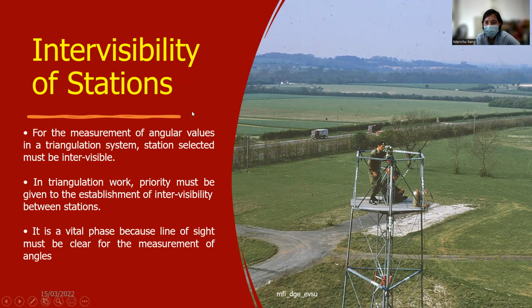This is to make sure that during the angle observation, when we measure the angle, we can really identify the points. If it is really not visible, you can either place the point in another position to make it visible, or you can construct a tower.